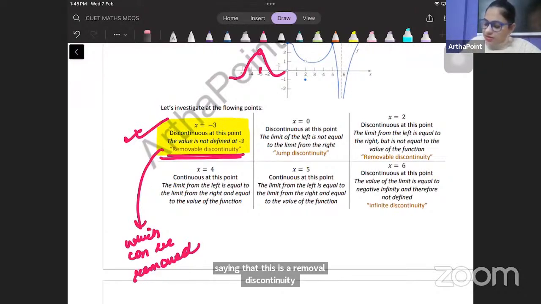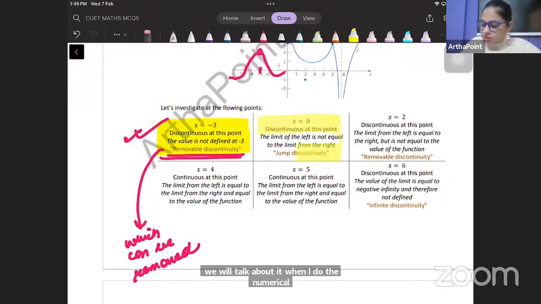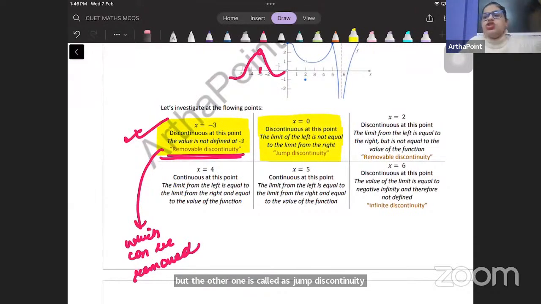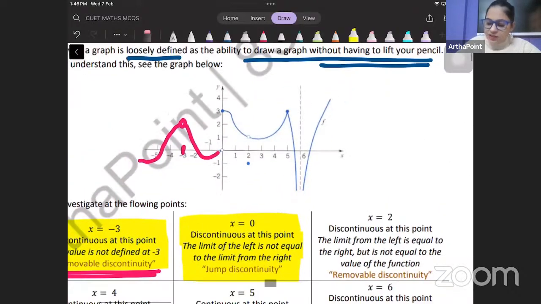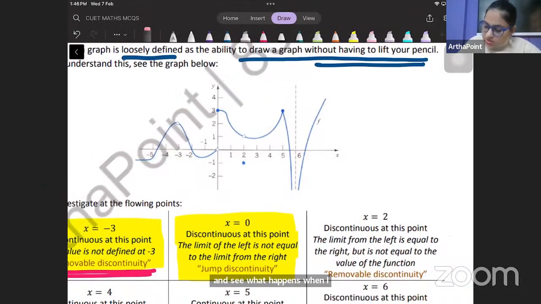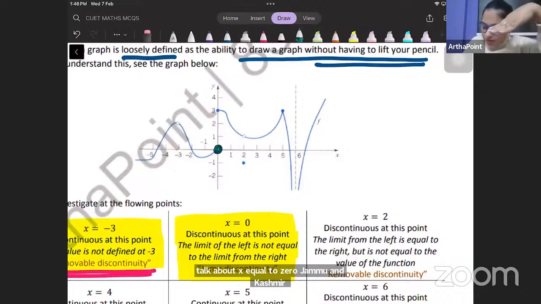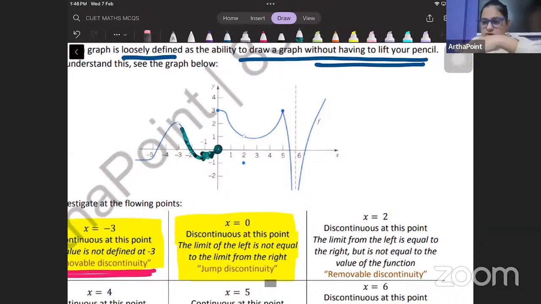But the other one is called as jump discontinuity. Jump मतलब at that point ना आपका function एक jump ले रहा है. जैसे for example, come back to this diagram and see what happens when I talk about x equal to 0. जब हम x equal to 0 की बात करते हैं, this is 0. हाँ, जब हम 0 को लेफ्ट हैंड साइड से अप्रोच कर रहे हैं, when I am going towards 0 from the left hand side, I am going towards 0.